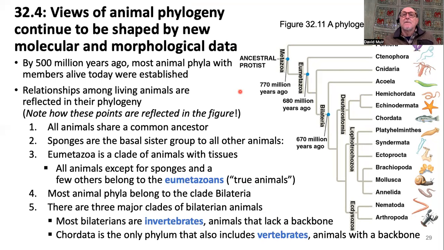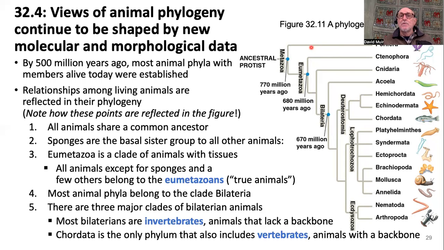These are the groups which we have arrived at. First of all, we realize that there is a common ancestor to all of these. And these groups, all the way from the simplest, which are the sponges, through all of the rest, are called the Metazoa, the truly multicellular animals. But we put the sponges off as a basal group because they don't have true tissues.